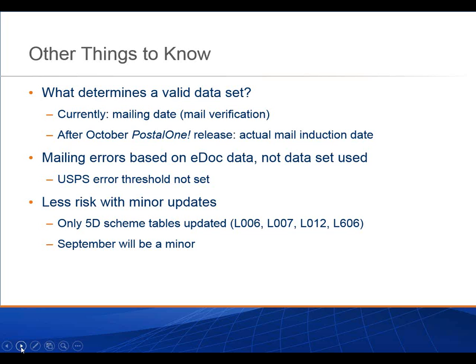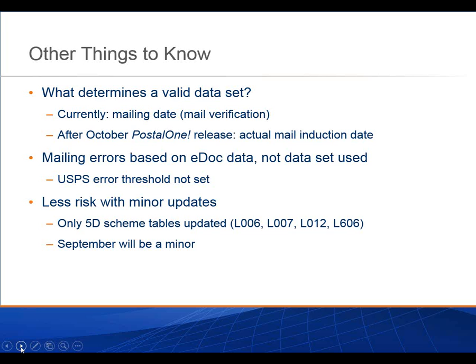Part of the reason for the Postal Service moving to monthly updates is that, for those of you that may have noticed, when we got to this past January, the Postal Service has gotten much more aggressive about putting more zip codes together in 5-digit schemes. In the letter world, they got much more aggressive about expanding how many zip codes are schemed together.